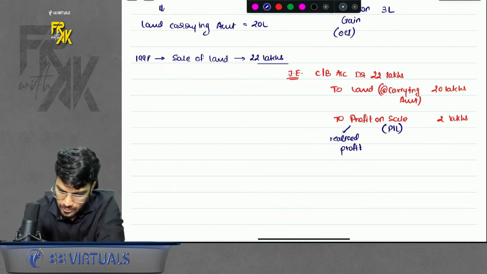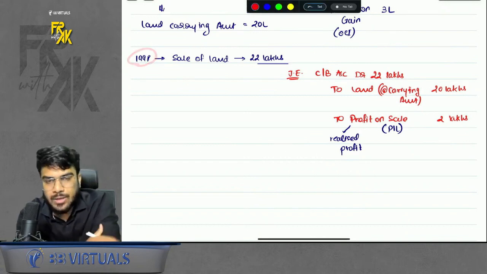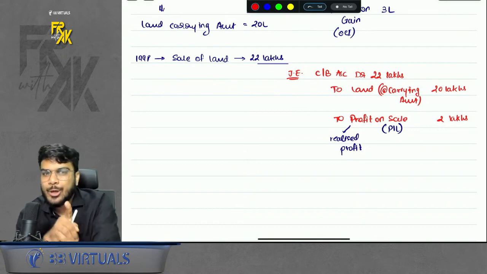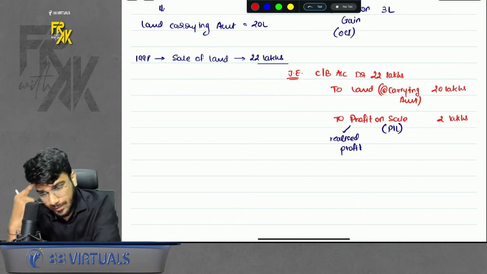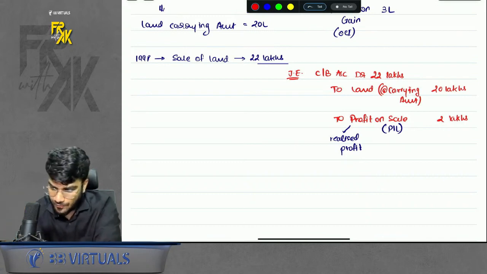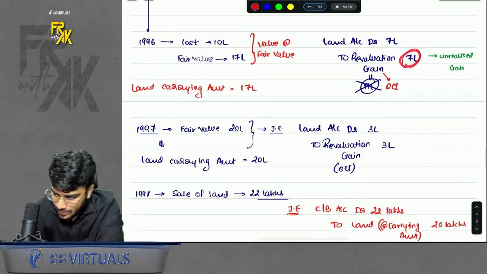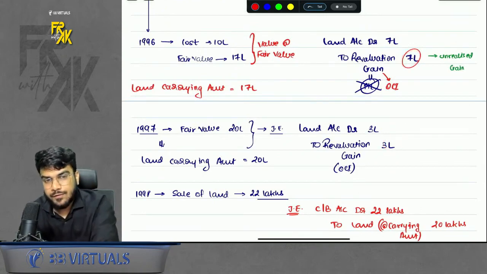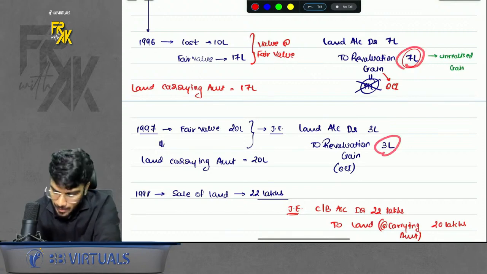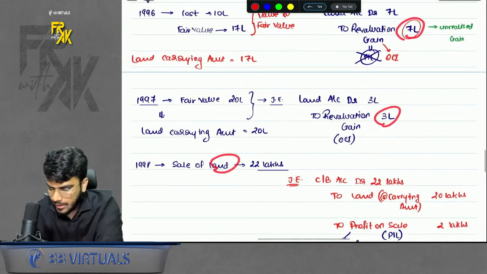Clear? Okay, sir. So this is how the accounting works. But there might be one question which might arise in your mind: sir, what will happen with the old unrealized profit? Previously it was unrealized, but on sale of land, it has now been realized.